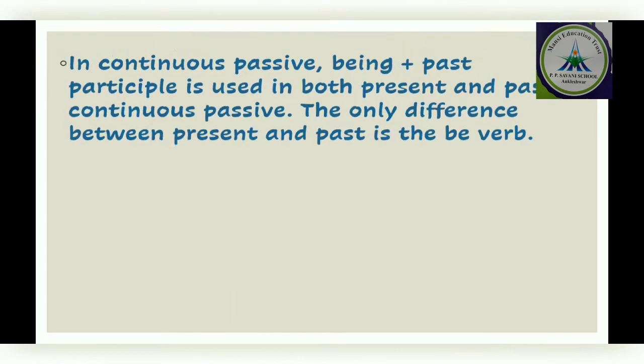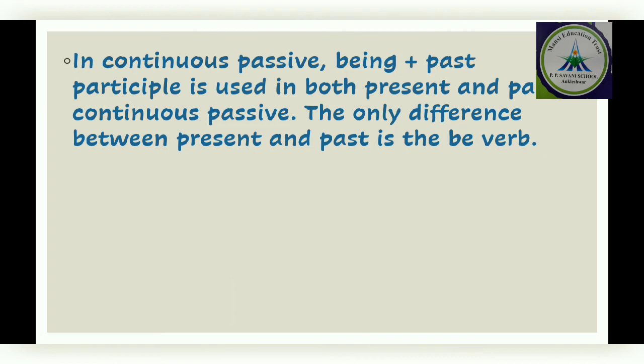Okay, so in continuous passive we will use being plus past participle form of the verb. Other things will remain as they are: object plus be verb plus being plus past participle form of the verb plus subject. So in continuous passive, being plus past participle is used in both present and past continuous passive. The only difference between present and past is the be verb. Okay?